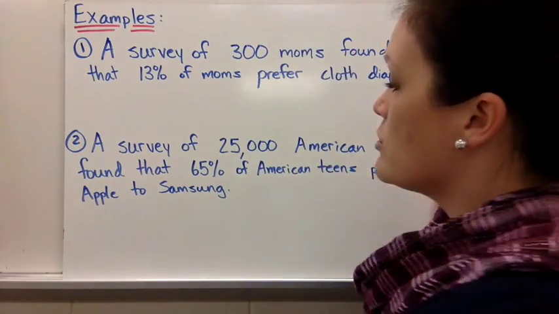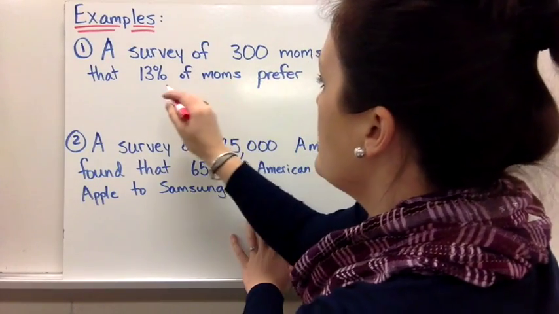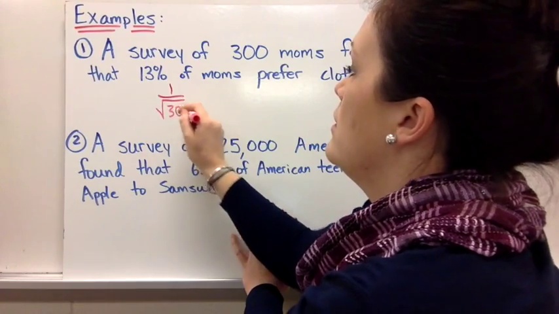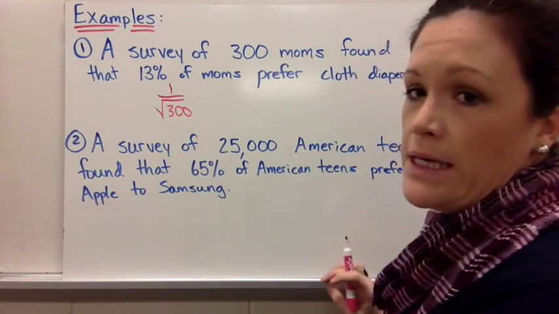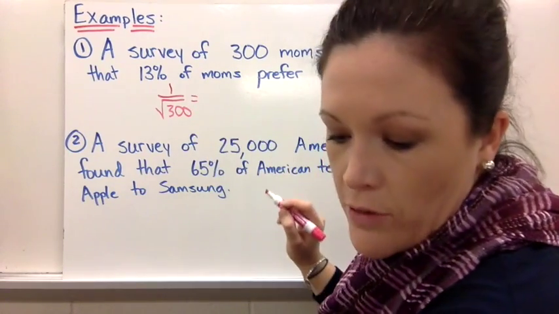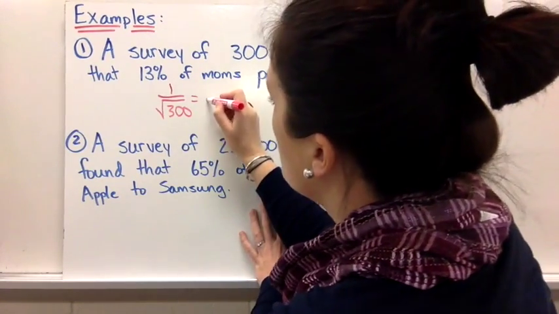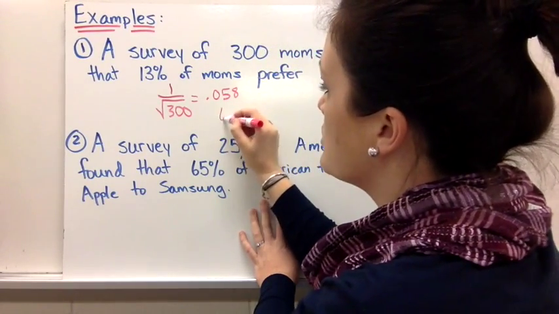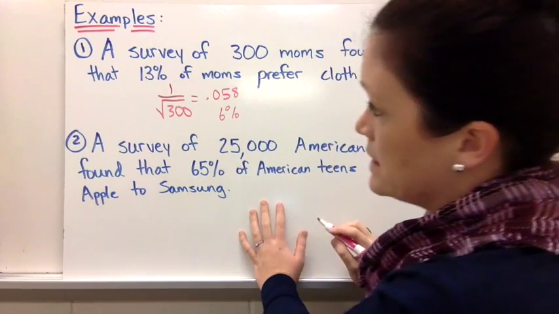So to calculate my margin of error, I would calculate 1 over the square root of 300, because 1 over the square root of n, n being my sample size, is my formula. That gives me, and I've already calculated it, 0.058, which is about 5.8%. So let's say we'll round up to 6%.